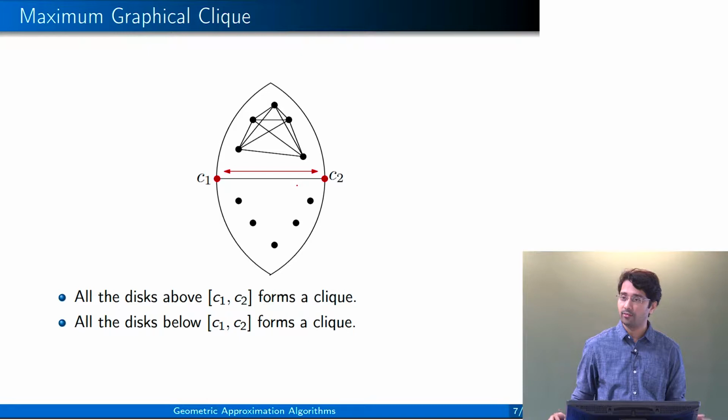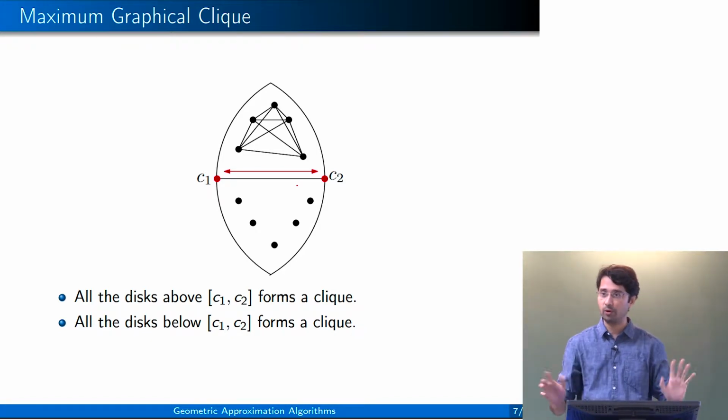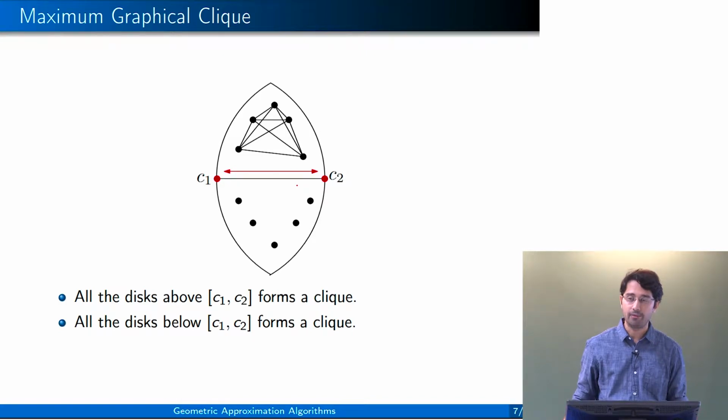So, I have a graph which I can decompose into 2 parts, clique 1, clique 2. Does this graph class look familiar? May not be. What I have is clique 1, clique 2, and there are some edges that might be going from one side to the other. Have you seen something like this?